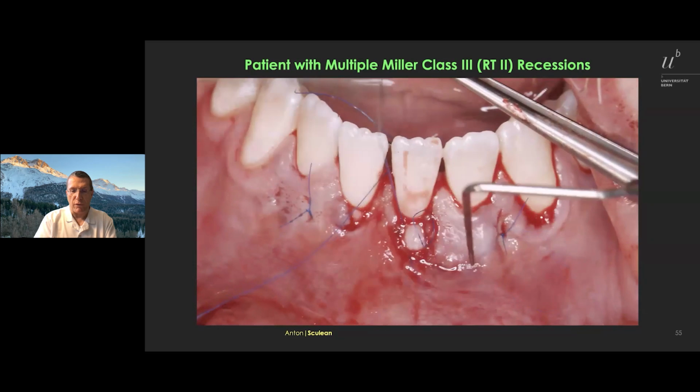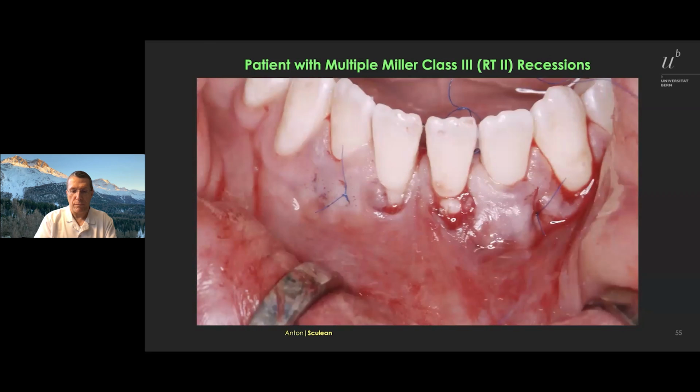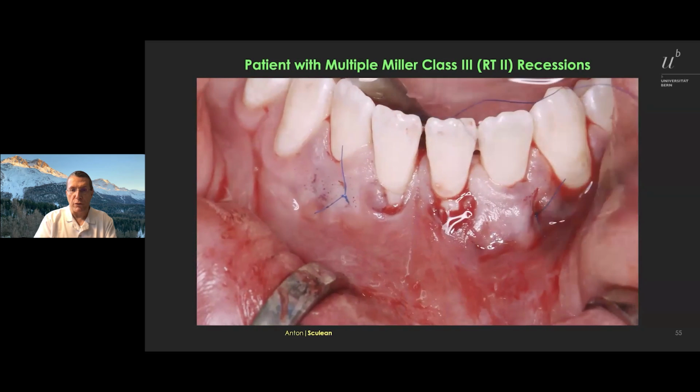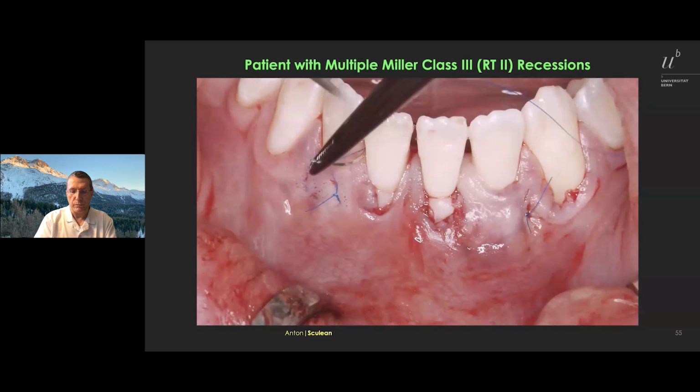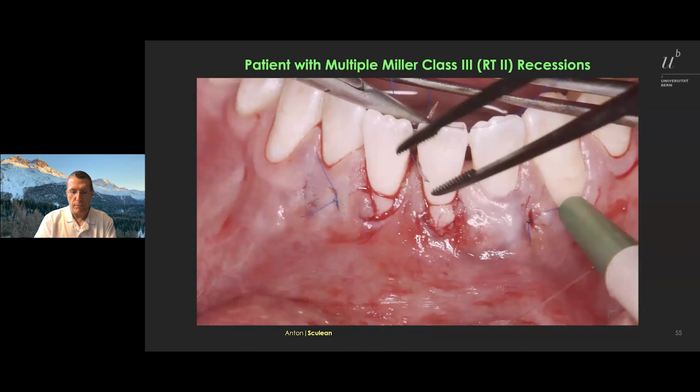And then I fix the graft. How do we fix the graft? With a sling suture.